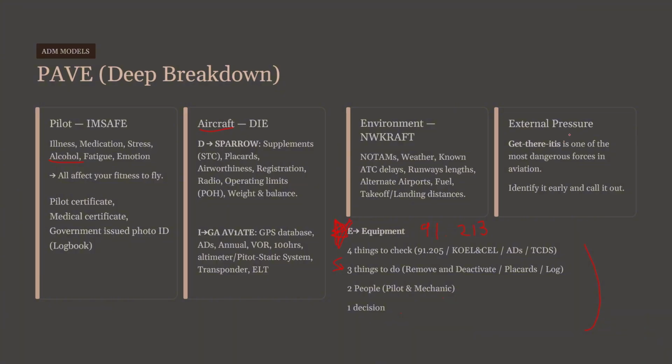And finally, external pressure. Get-there-itis. So this is often one of the most dangerous parts, because it may not seem aviation related at first, and it could be a desire to stay on schedule, pressure from passengers, a student wanting just to complete the lesson, or simply the mindset of wanting to get there no matter what.